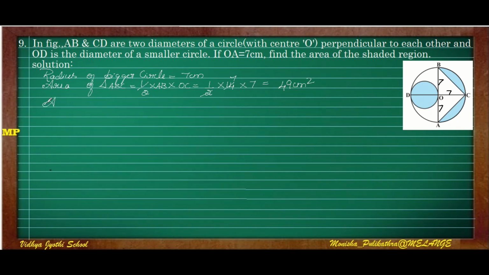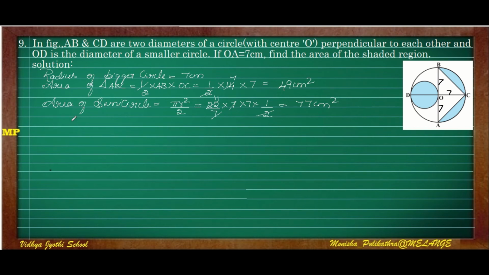Next we have to find out area of semicircle. From semicircle, if you subtract the triangle, then we will get this shaded region. So area of semicircle is given by pi r square divided by 2. So pi is 22 by 7 into radius 7 into 7, where this 2 is there, that we can take as 1 by 2. So 2 elevens are 22, and 7 sevens cancel. Therefore we will get 77 centimeter square.